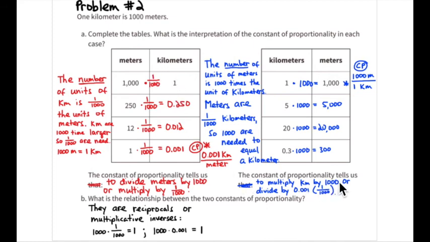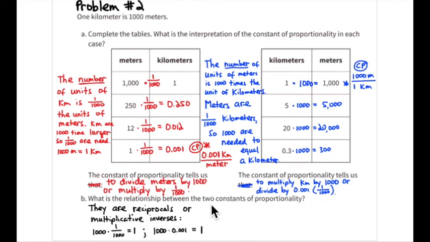And the constant of proportionality for the table on the right tells us to multiply kilometers by 1,000 or divide by 1/1000th to get to the number of meters. So you're going to multiply by 1,000. So you're going to make this number a lot larger, which is the same, by the way, as dividing by 1/1000th. So if you're dividing by a really tiny number, you're going to get a huge amount in the end.